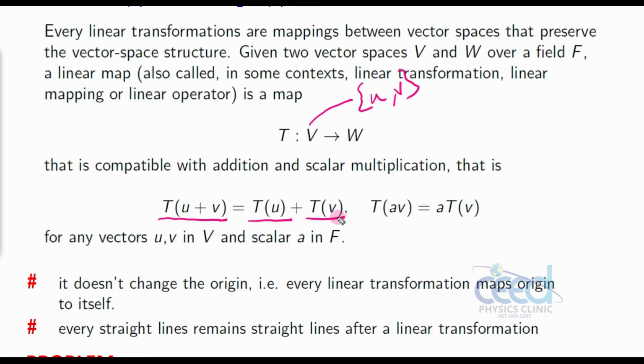And the second condition is, we have a field, a number of constants, that is numbers 1, 2, 3, and if a is a number, then if you multiply this constant a with this vector v, that is a times v, the transformation of a times v gives you a times the transformation of v.